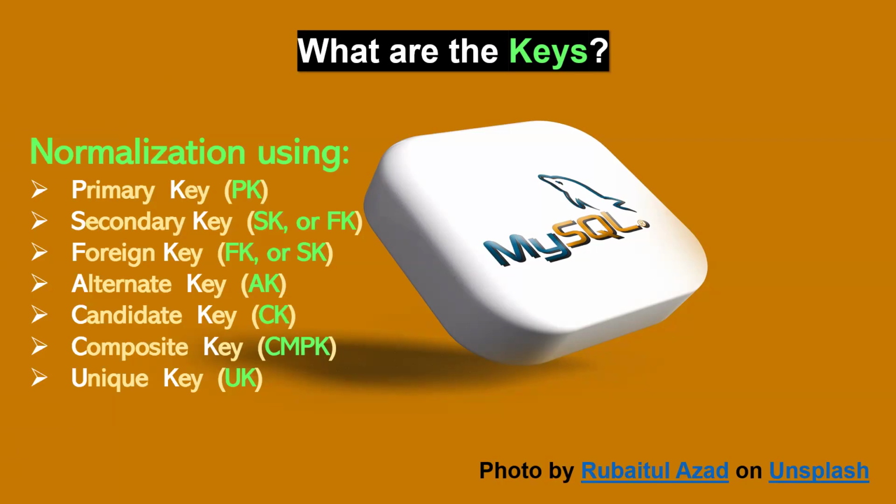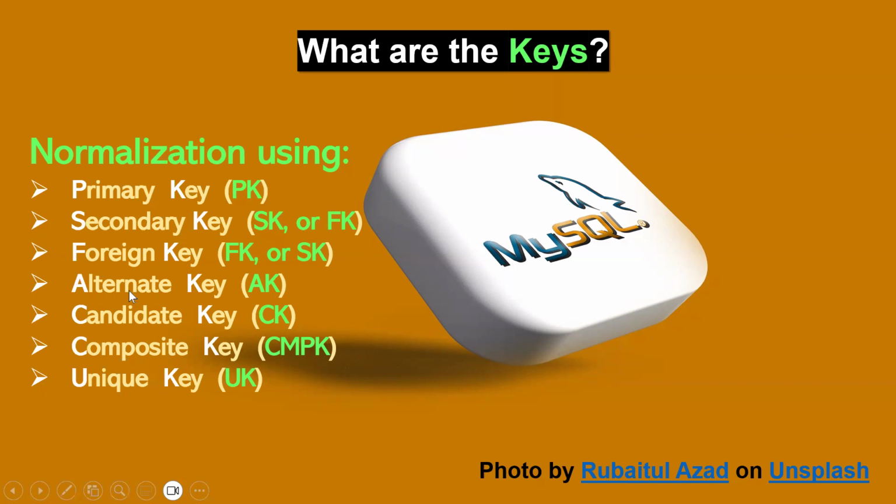One or more columns, you could say, attributes or fields, all interchangeably is okay. One or more attributes that make a record unique in a table is called a primary key. A secondary key is also like a primary key, but it is a key in the second table, or a foreign key on another table that matches a primary key of another table. So foreign key and secondary key are used interchangeably.